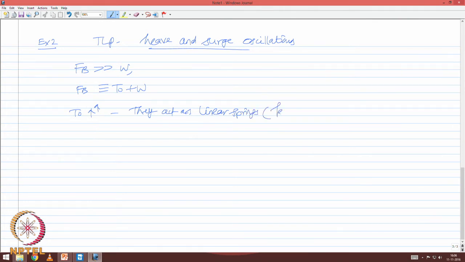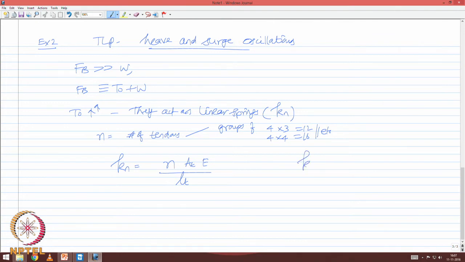whose stiffness is K, where n is the total number of tendons. Generally tendons are not of a single piece, they will be in groups of 4 into 3, 4 into 4, that makes 12, that makes 16, etc. So, the stiffness of this spring is given by n A t E by L t.